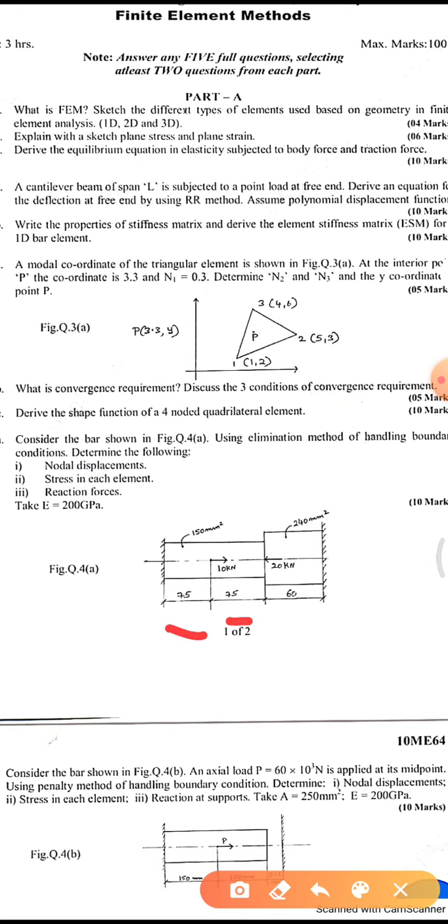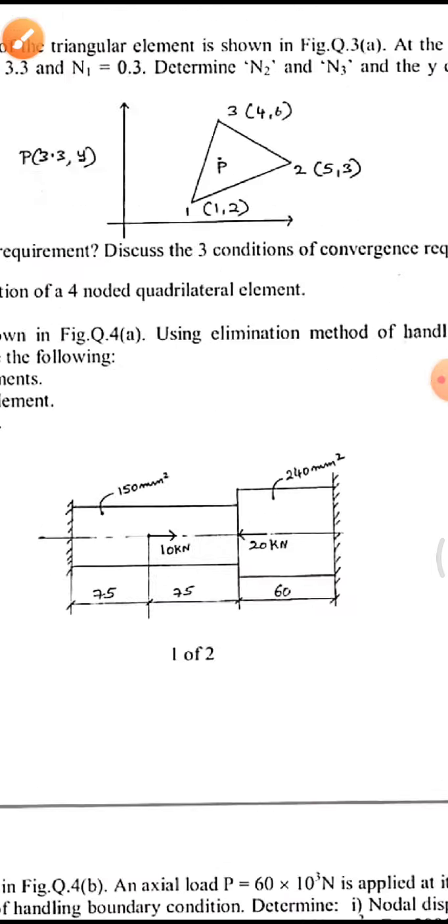In the problem the length of the first element is 75 mm, which is where the load is applied, and the second length is 60 mm. In this figure both ends are fixed, and the area of this stepped bar is 150 mm square and the area of the other part is 250.